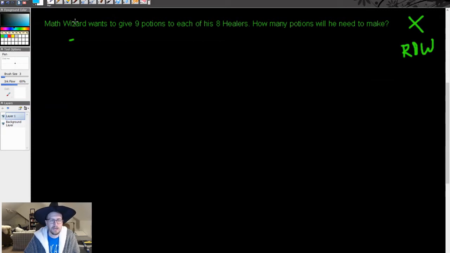Let's read this first. Math Wizard, hey, that's me, wants to give 9 potions to each of his 8 healers. So I see a couple of numbers in here that I'm going to underline just so that I can come back to them. I'm also noticing this word here, give, and to each, right?